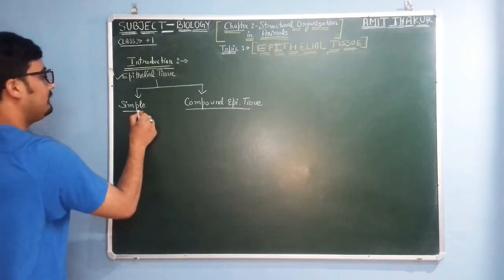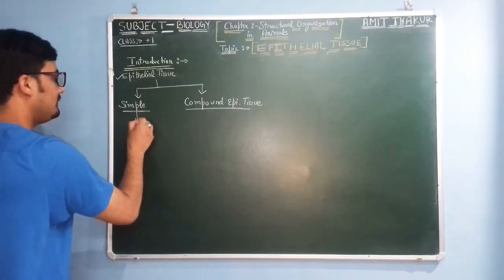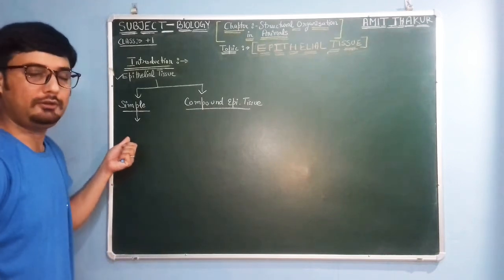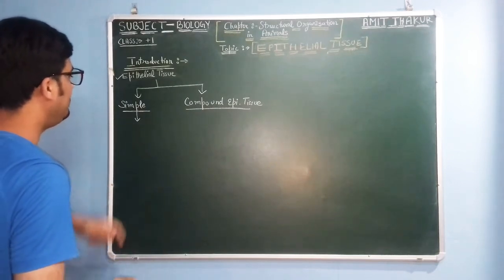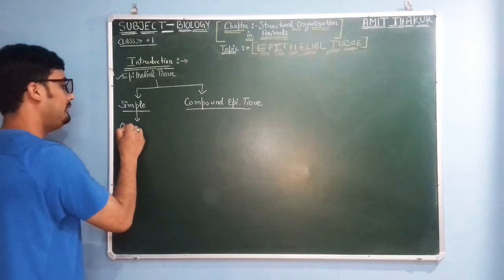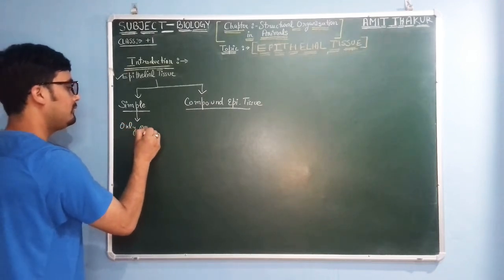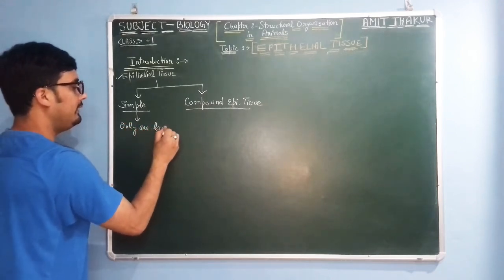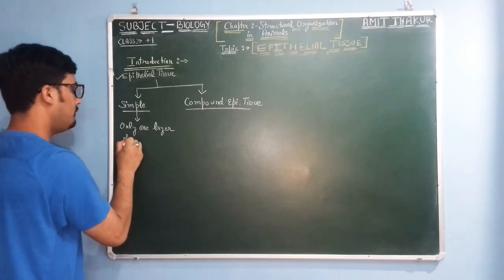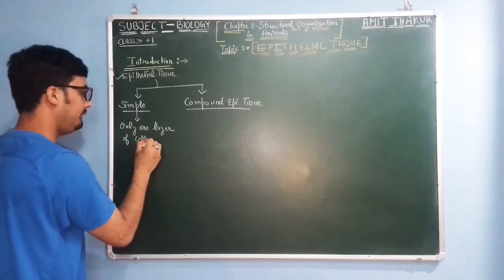So simple epithelial tissue, why this name has been given to this? Because simple epithelial tissue has only one layer of cells.